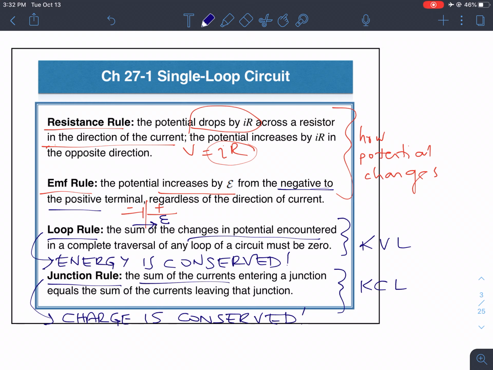That's why it's called Kirchhoff's current law, and here Kirchhoff's voltage law. You're just adding up all the currents entering the junction, and that's equal to the sum of currents leaving the junction. What comes in goes out, right? Because the charge is conserved, and we know that charge is related to the current, because current is the rate of charge per time, the flow of charge per time, so they are related to each other.